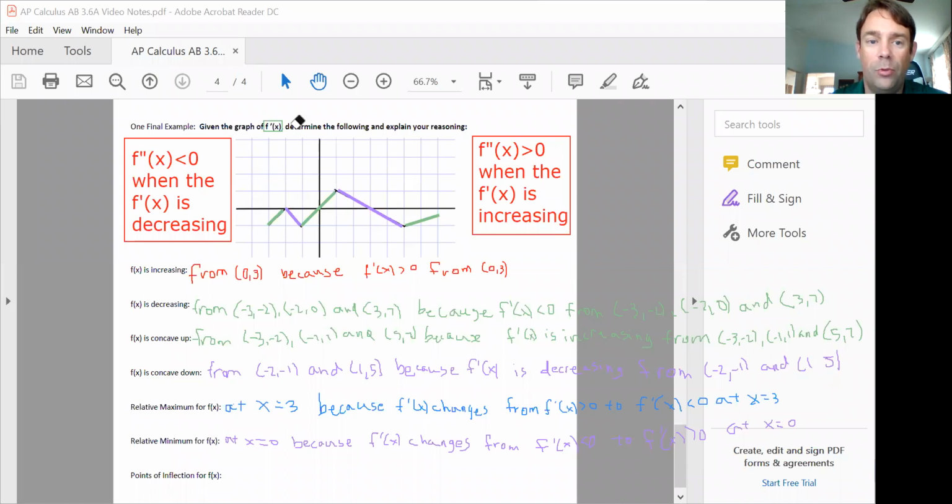Points of inflection is when the graph goes from concave up to concave down, or concave down to concave up. It's when my second derivative changes signs. Well, the second derivative changes signs here. Turns out I have 4 points of inflection because it changes signs 4 times.